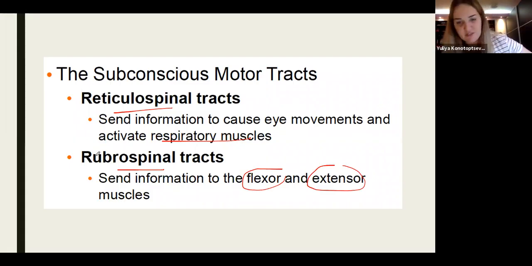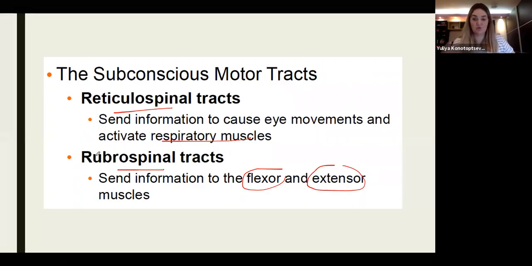You're grabbing the table not to fall. That won't be lateral corticospinal, because lateral corticospinal is voluntary. It will be a rubrospinal tract telling your flexors and extensors of the arm to stretch and grab the table as you're falling, because it's unconscious. It's your body trying to maintain its position.